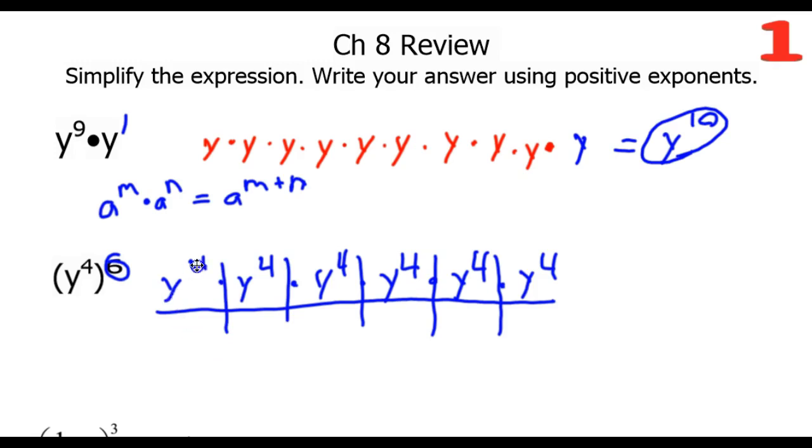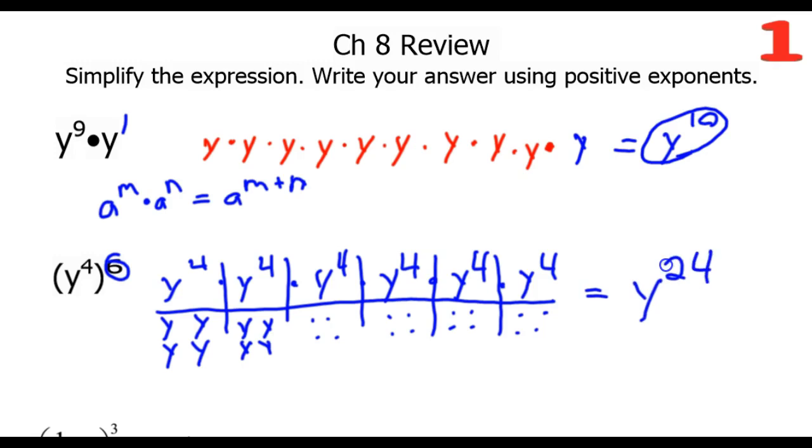In each of these, this is saying we have 4 y's. Here again, we have 4 y's. And the same thing in all of these. So in total, we have 4, 8, 12, 16, 20, 24. So our answer would be y to the 24th power.